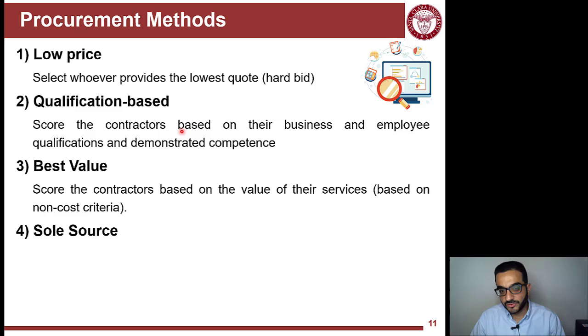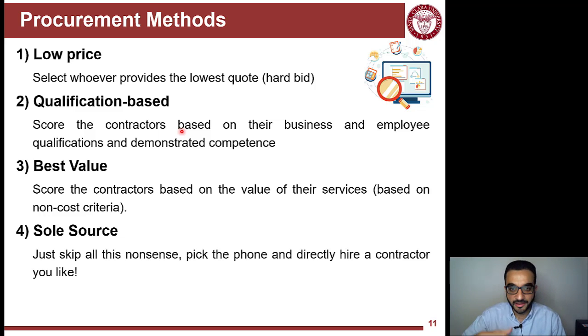Or the easiest thing is you already know a plumber and you dealt with them before, so just skip all of that, and just call the plumber and say, come, I need your help right away, instead of going through this hassle. So that's called sole sourcing. Of course, depending on your type, are you a public owner or private owner, you will have flexibility. As a private owner, you typically can do whatever you want in most cases.